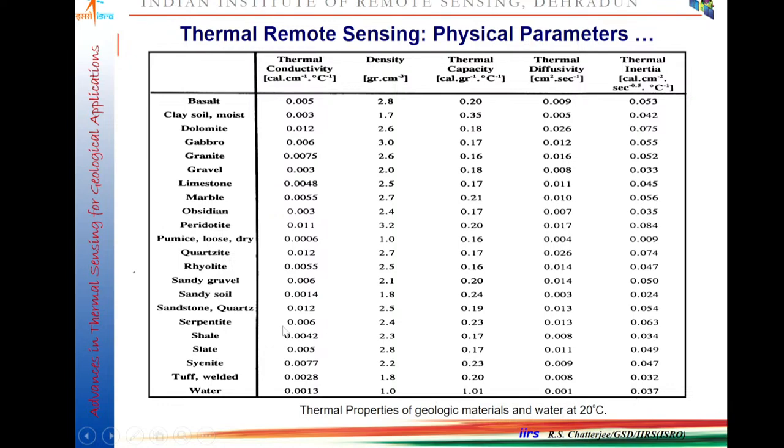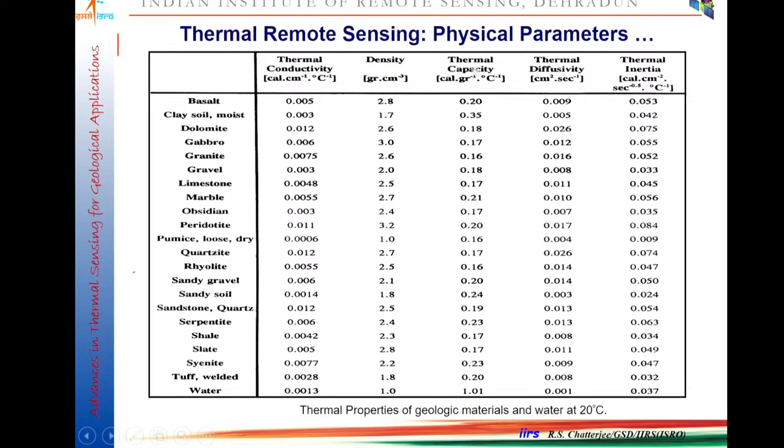Now you see, in case of thermal remote sensing, there are certain physical properties, and these physical properties are important for thermal sensing of the Earth's surface, isn't it? These physical properties are governed by certain parameters like thermal conductivity, the density of the material, thermal diffusivity, and most importantly thermal inertia.